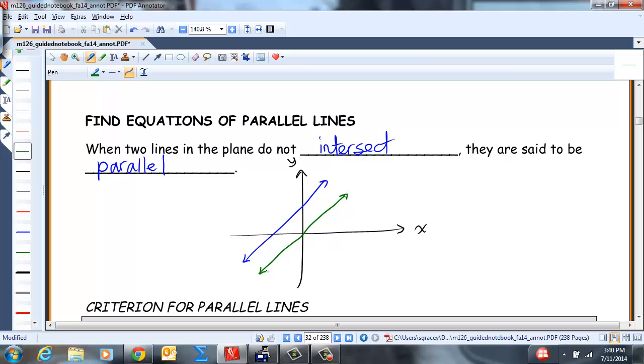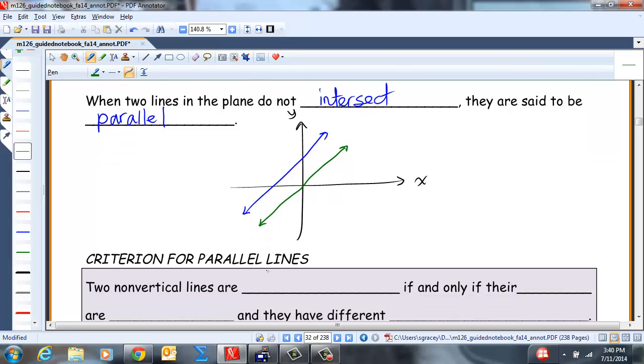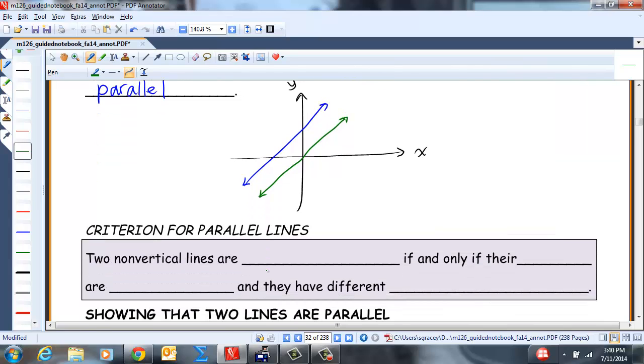There's a couple things that need to be true so that they don't intersect. They have to have the same slope. And don't they have to have different y-intercepts? Because if they had the same y-intercept, they'd be collinear or the same line.